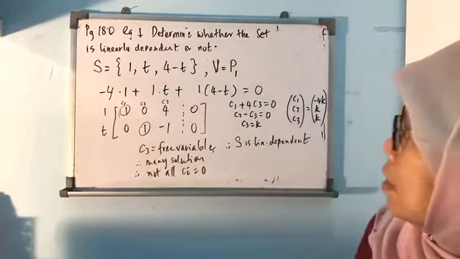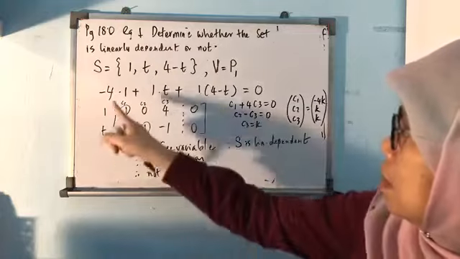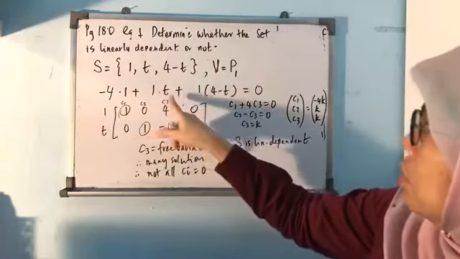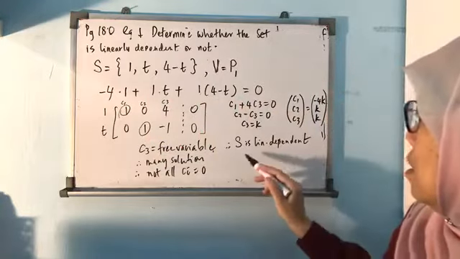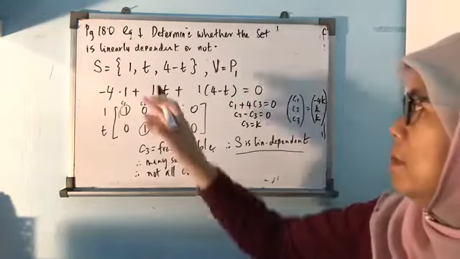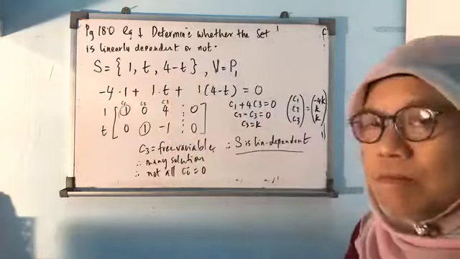So this is one example in which negative 4 plus 4 is 0, t minus t is 0. Okay, so this is linearly dependent. Dependent means they depend on each other.